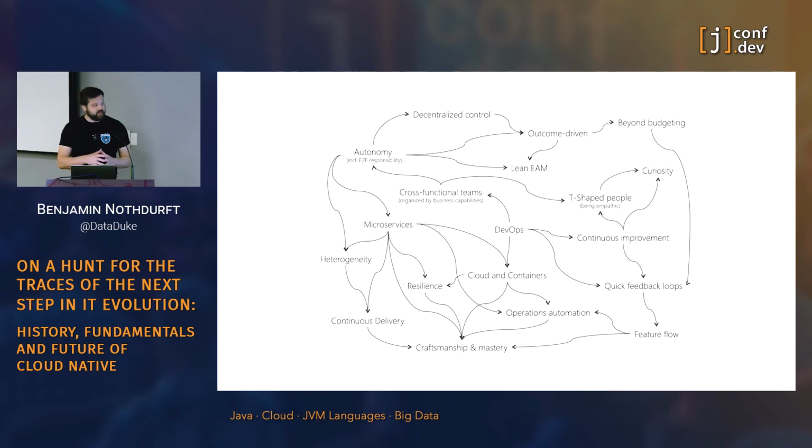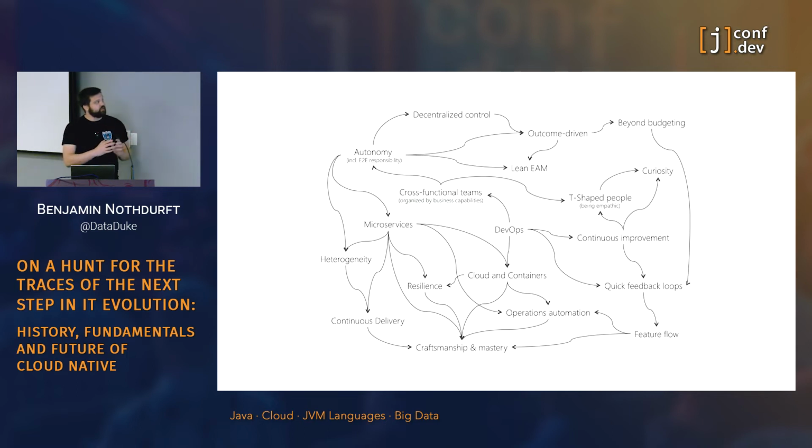Yeah, what are the implications? When we look at that, we might start in the middle. We have DevOps now, and the people need to do continuous improvement. They need to be curious for that. Every engineer needs to find their own T-shape to fit into a cross-functional team.